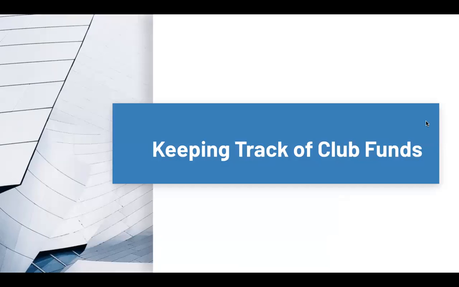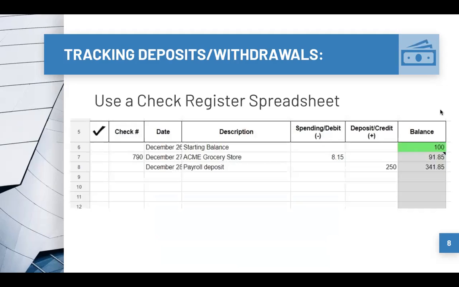Keeping track of club funds is next. With anything dealing with money, you want to make sure you keep track of it, so you want lots of Excel spreadsheets. When looking at checks, you want a column for the check number, the date that the check was signed, and a little description.